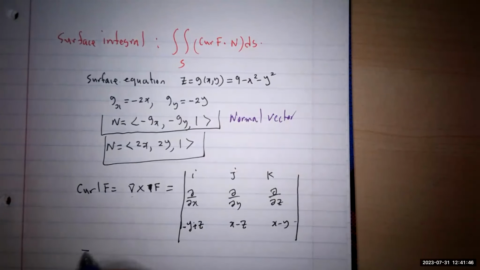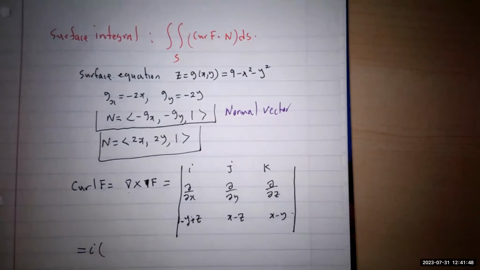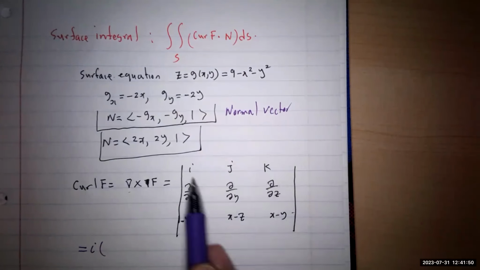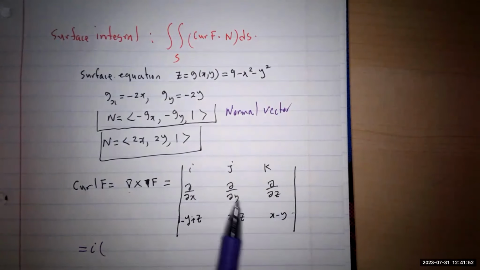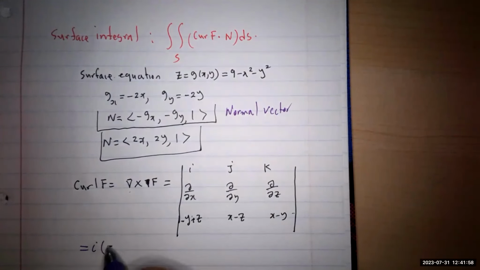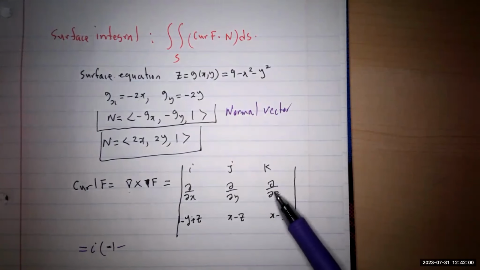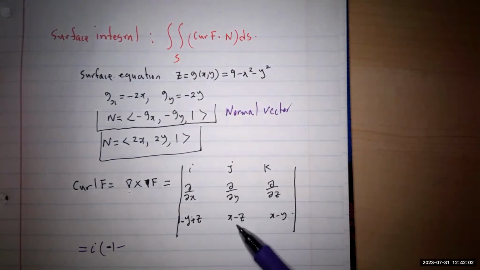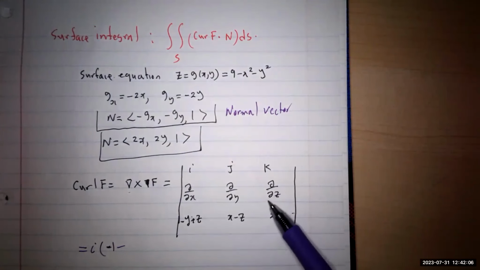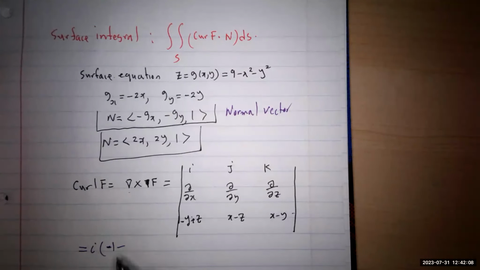To get the curl, it's going to be i times the cross multiply. The partial derivative with respect to y gives you -1, minus the partial derivative with respect to z, which is -1, so minus -1.